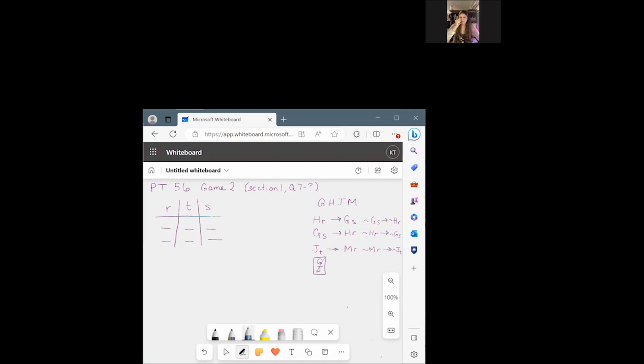So we know that if H does the recliner, then G does the sofa. Do we know anything then about J? Any ideas? So for this one, if G does the sofa, then we know that J cannot do the sofa. So I might note, not J sofa.